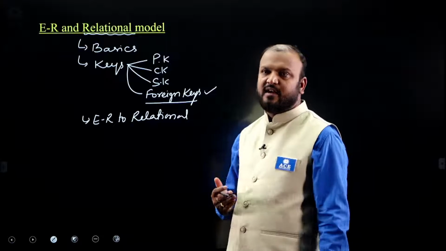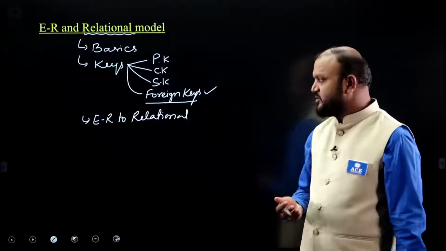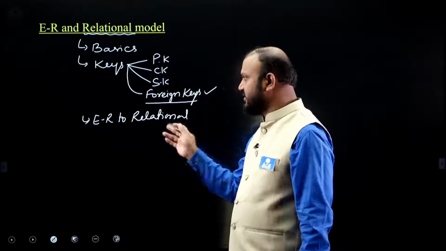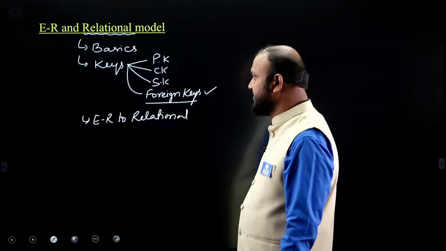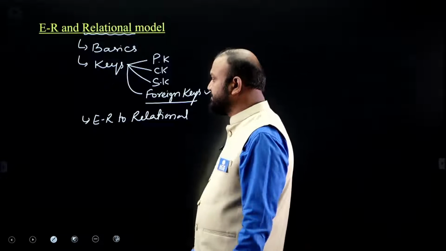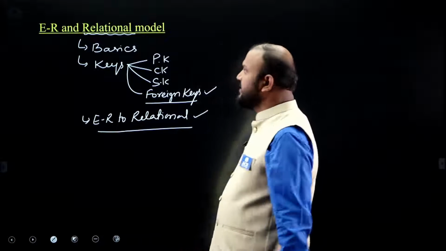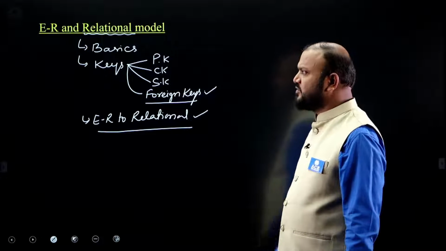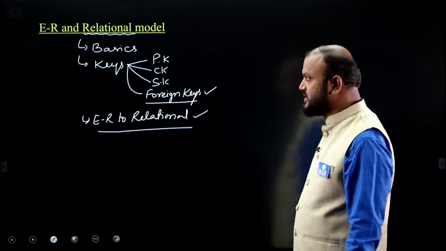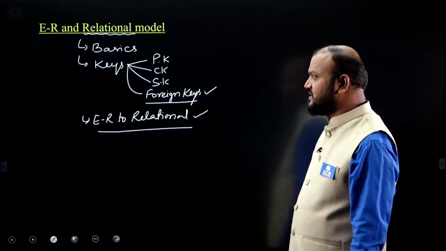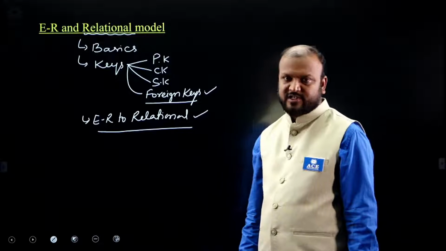The questions are like how many tables are possible in the relational model if you convert the ER model to a relational model. So this is where questions are asked from ER and relational models: simple basics and theoretical questions, questions based on key concepts, and questions on ER to relational model conversion.